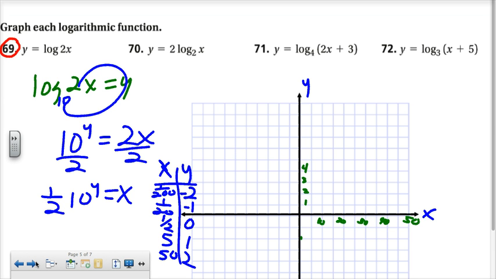And then 1/20, -1 is about the same thing. And then we have 1/2, 0 and 5, 1 and 50, 2. And all it said was graph each logarithmic function. There it is. So again, domain and range wise, our domain would be x is greater than 0, and our range would be all real numbers.